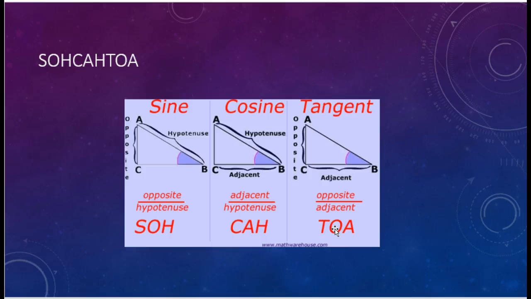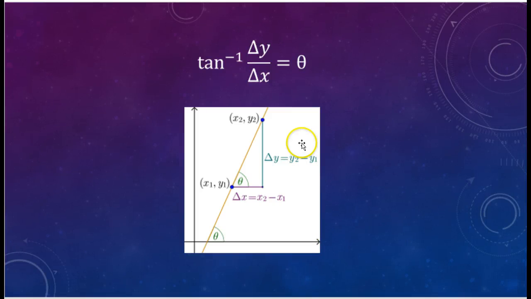So for the tangent, the input is a particular angle, and we get out the ratio of y and x. But remember, when we were looking at arctangent, it was the opposite. The input was the ratio of y to x, and the output was the angle in radians.